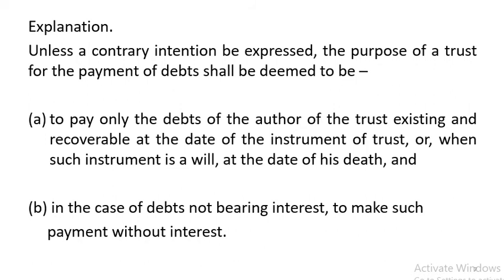Here, if the trustee declines to carry out the directions of the trust, it may be in the deed of trust, or sometimes at the time of execution of the deed the author of the trust would have given some idea or guideline on how it should be dealt with.